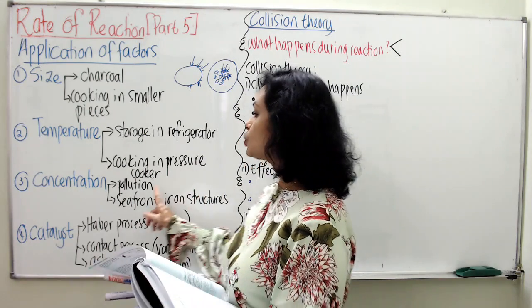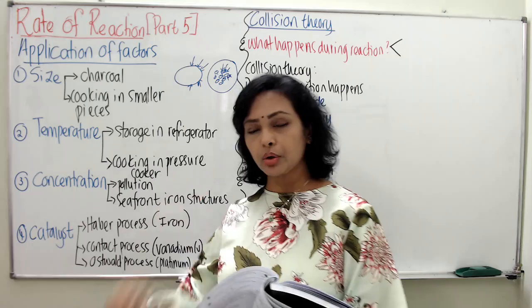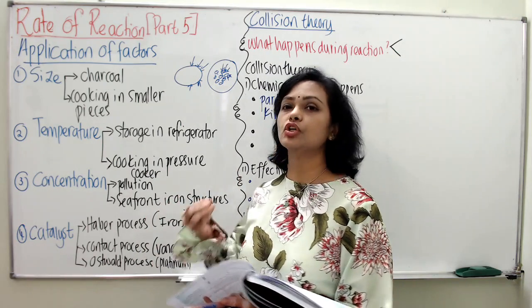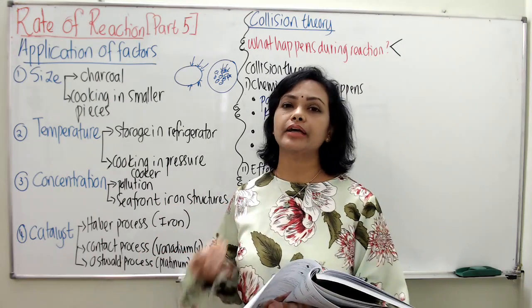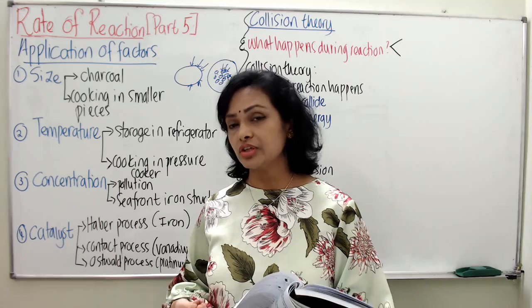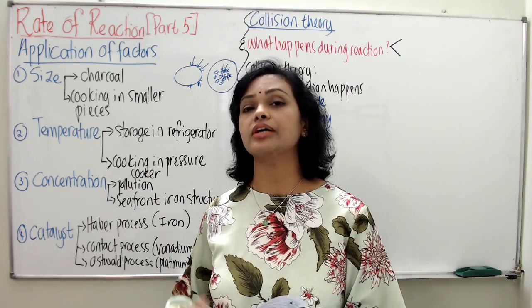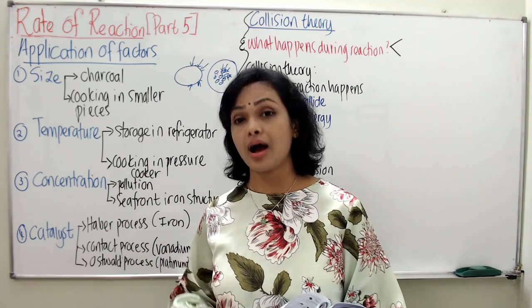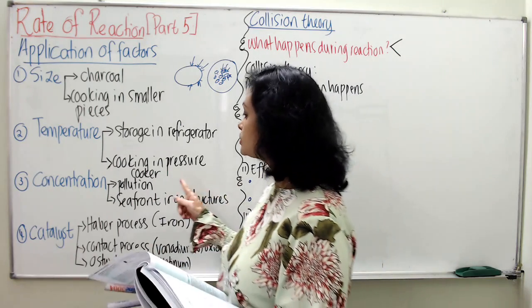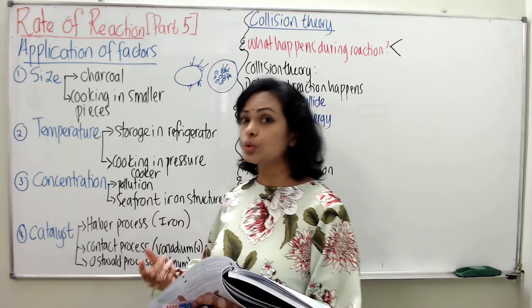Alright, now let's go to concentration. How am I going to explain concentration? Take the gas called sulfur dioxide in industrial areas. The concentration of sulfur dioxide in industrial areas is very high compared to rural areas. So again we go to acid rain.